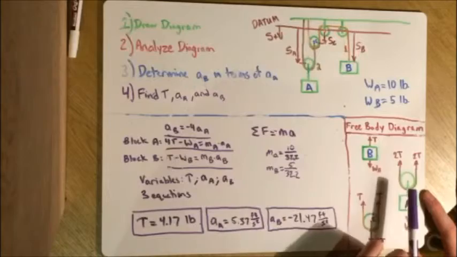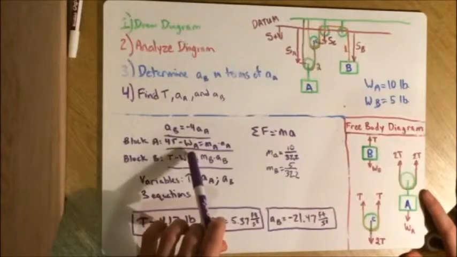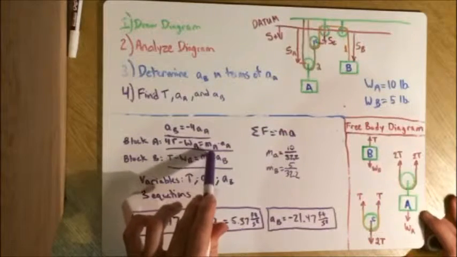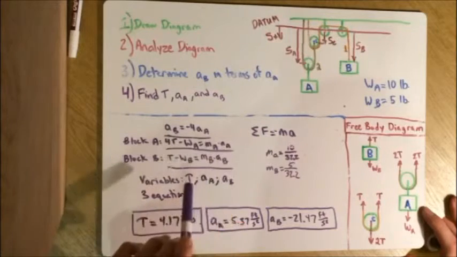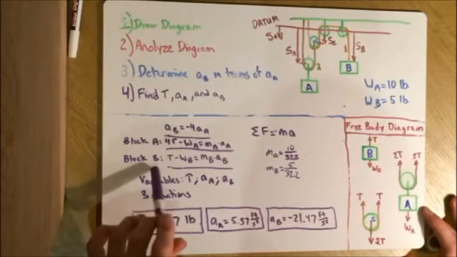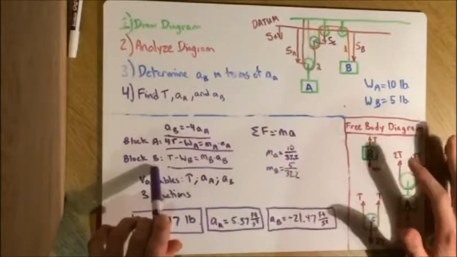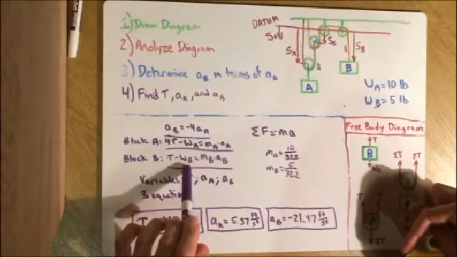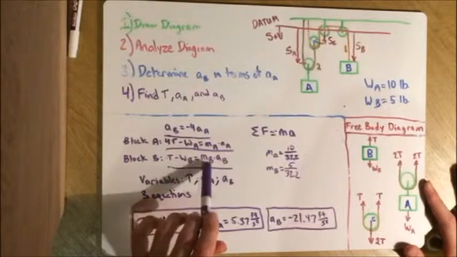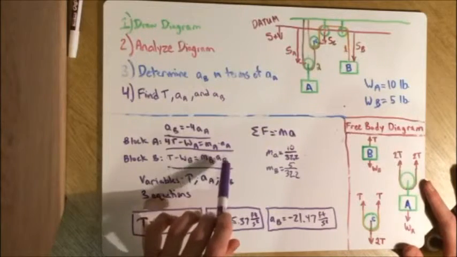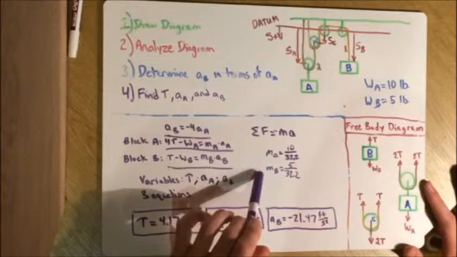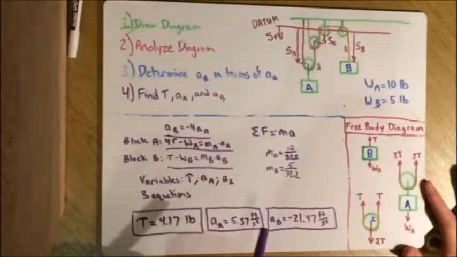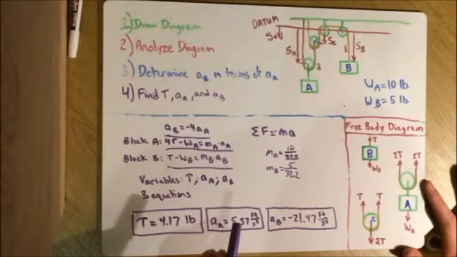So the summation of forces is 2T plus 2T, which is 4T, minus the weight of block A, giving us a summation of forces equal to the mass of A times the acceleration of A. Block B will get the same analysis, with tension going up minus the weight of block B going down equal to the mass of block B times acceleration of block B. The mass of blocks A and B is determined by taking their weights and dividing by 32.2 feet per second squared.